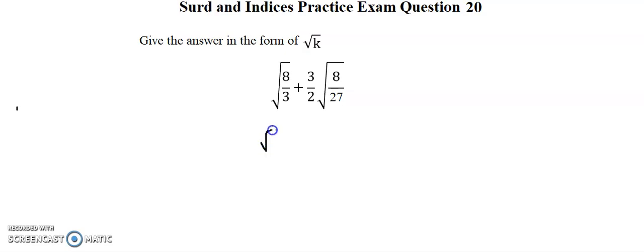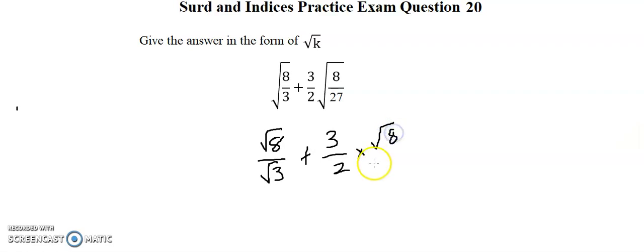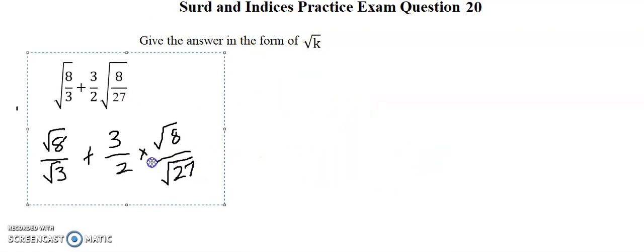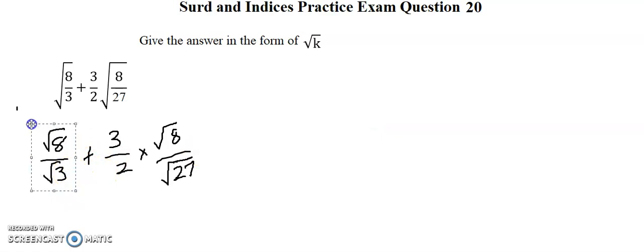So I can rewrite this as square root 8 over square root 3 plus 3 over 2 times square root 8 over square root 27. Now, the first thing I want us to think about is our first fraction, which is square root 8 divided by square root 3.